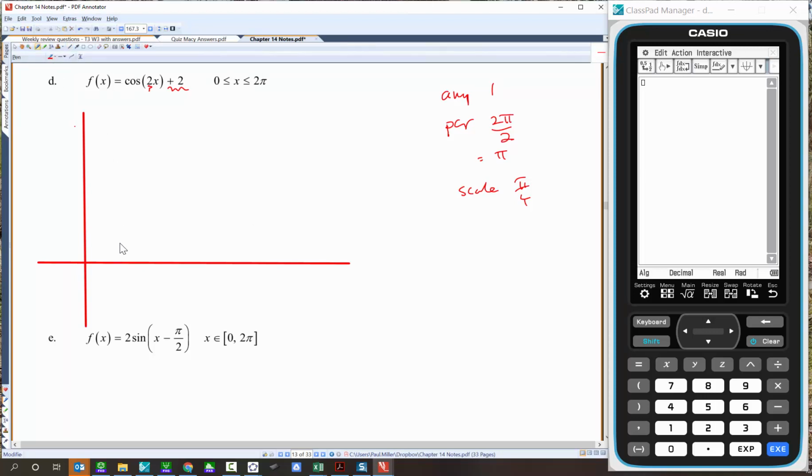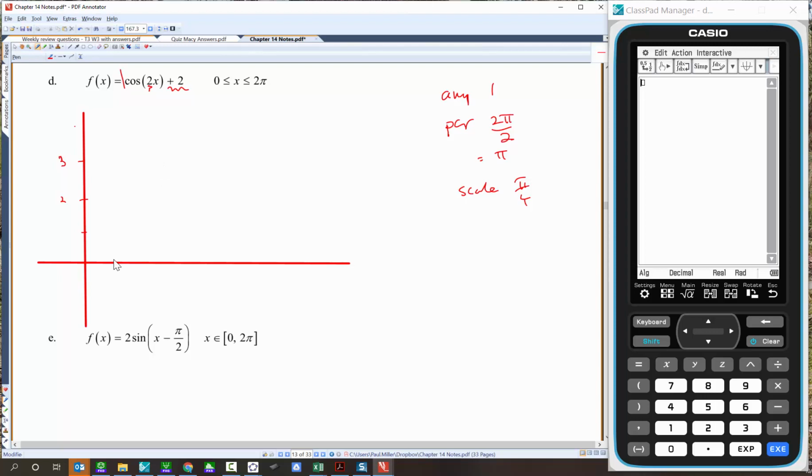Okay, let's get cracking. So what I usually do is mark out my key features. So here's 1, here's 2, and it's going to go up 1 more to 3. So from 2, it's going to go up to 3 and down to 1. Okay, so that's how this one is going to play, given that it's got an amplitude of 1.